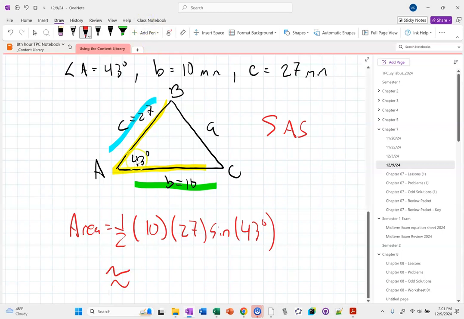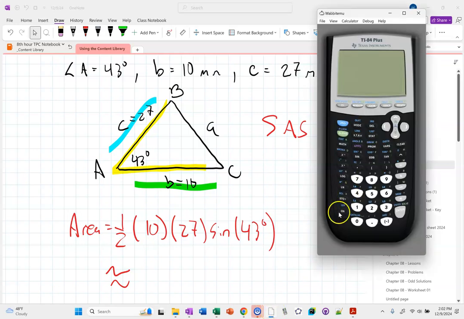And now it's just calculator time. So that's 92.07.